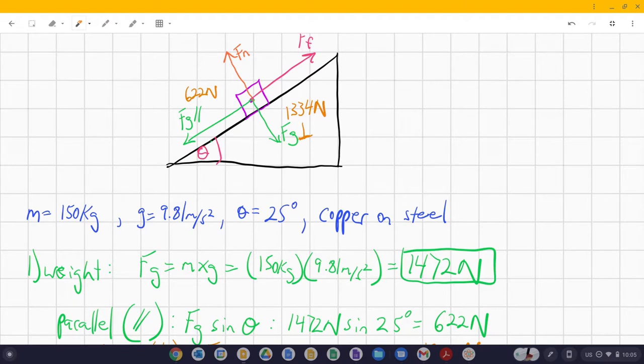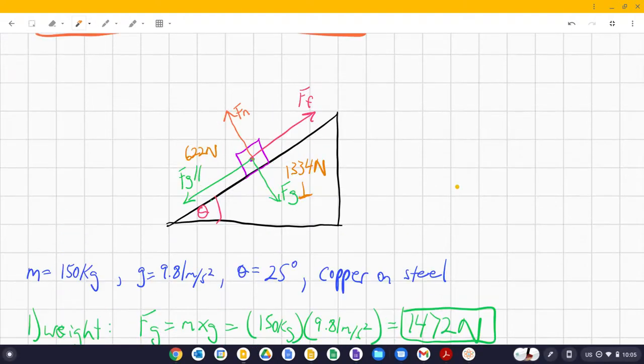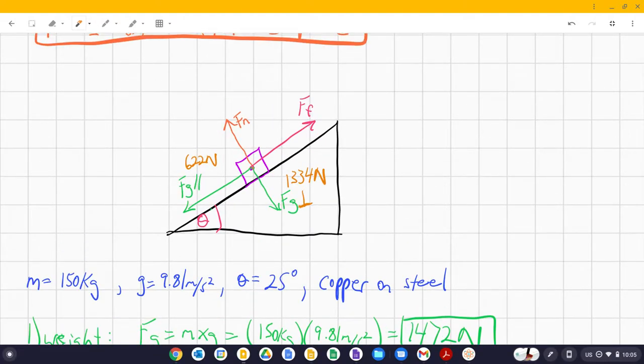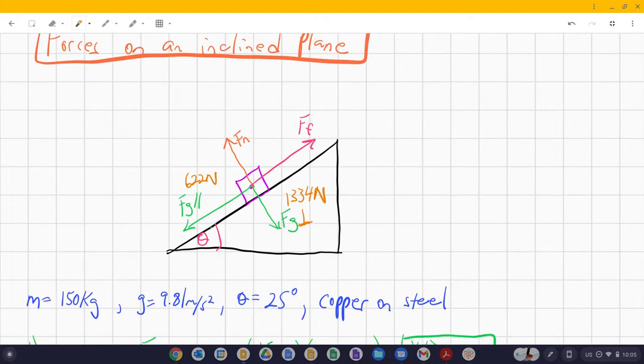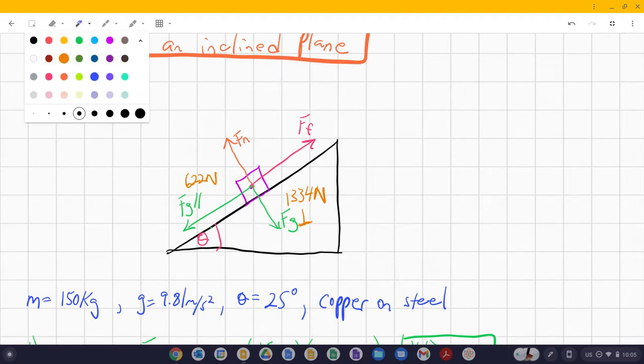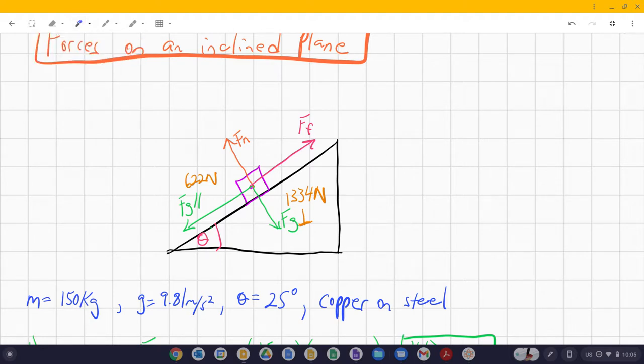All right, now that we did those two things, everything's going to become quite a bit easier. Now that we know that the weight pushing onto the surface is 1,334 newtons, we also know the normal force, because normal force is equal to how hard the object is pushing onto the surface. So this is also going to be 1334 newtons. That's how hard the floor is pushing back up.